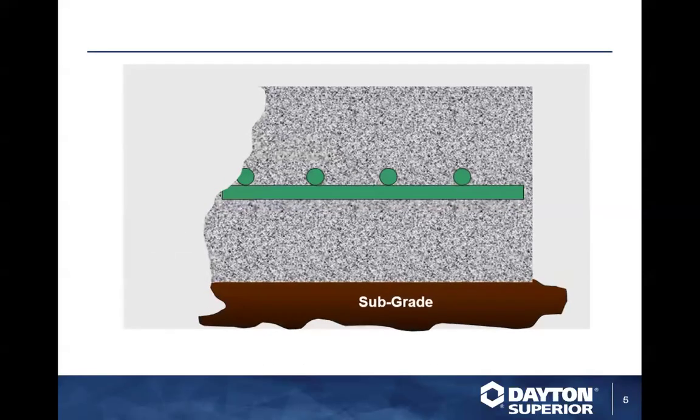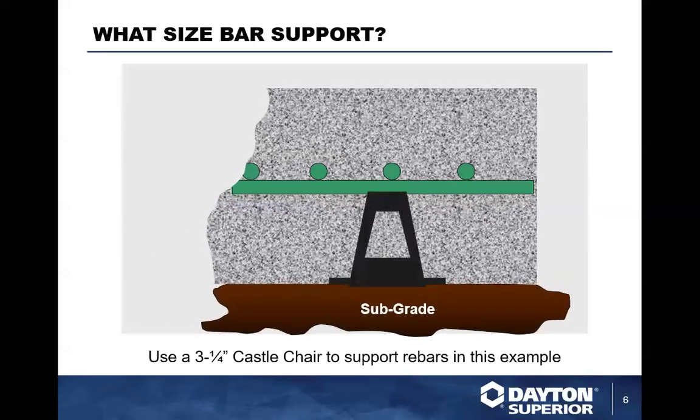Now, what's going to be interesting there, and a determining factor, is what's your substrate? Are you talking compacted soil? Are you talking concrete? Are you talking, let's say, a tilt-up project, where you have fresh concrete, you pour concrete, and you're going to be pouring another panel on top of it.